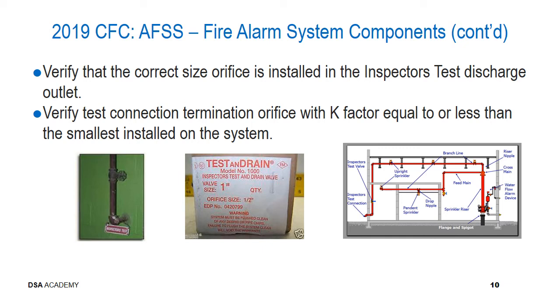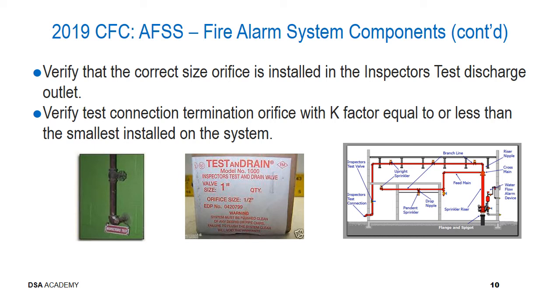And that test connection terminates with an appropriate K factor. So we're going to have our 1/2 inch sprinkler orifice with a K5.6 factor at the end of that inspector's test. The other option would be for the contractor to install a combination main drain and test piece of equipment right at the sprinkler riser itself. This would be permitted.